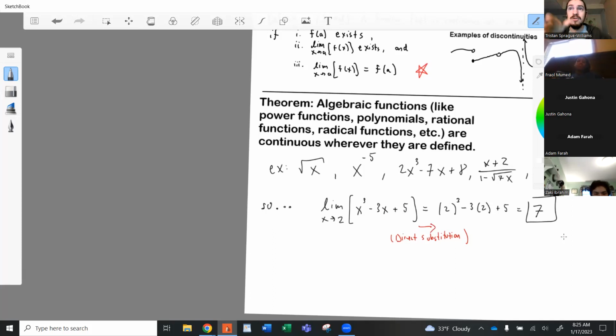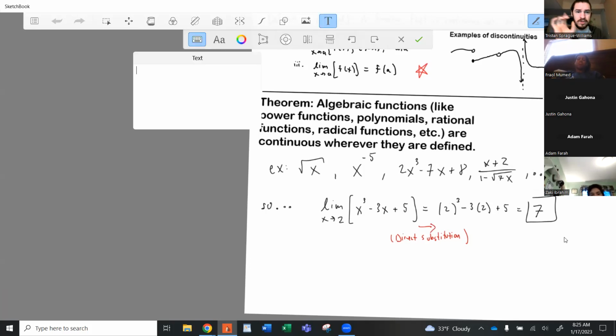This is a way to directly calculate the limit of a function exactly, without any approximation or estimation involved. We can be 100% confident that this is the value of this limit. Does that make sense? Okay. I don't want to spend too long on this because, like I said, most of our time and energy is going to be spent on the more challenging cases, which are coming up.